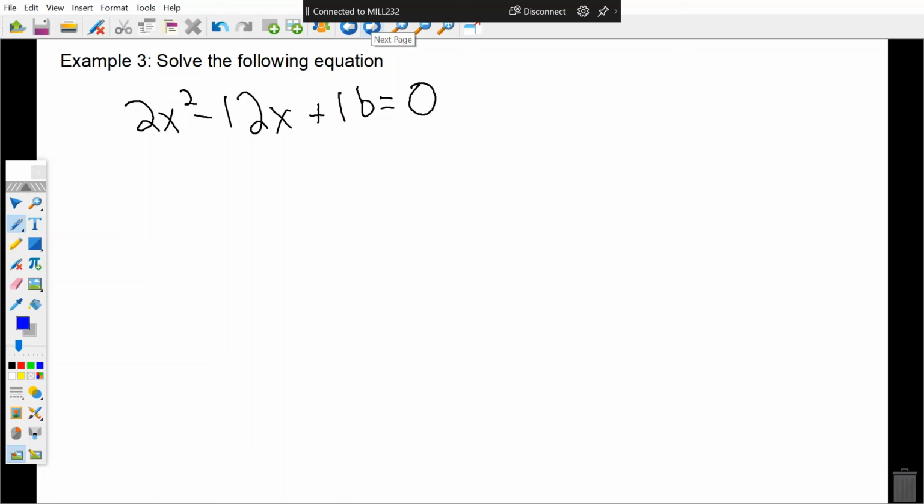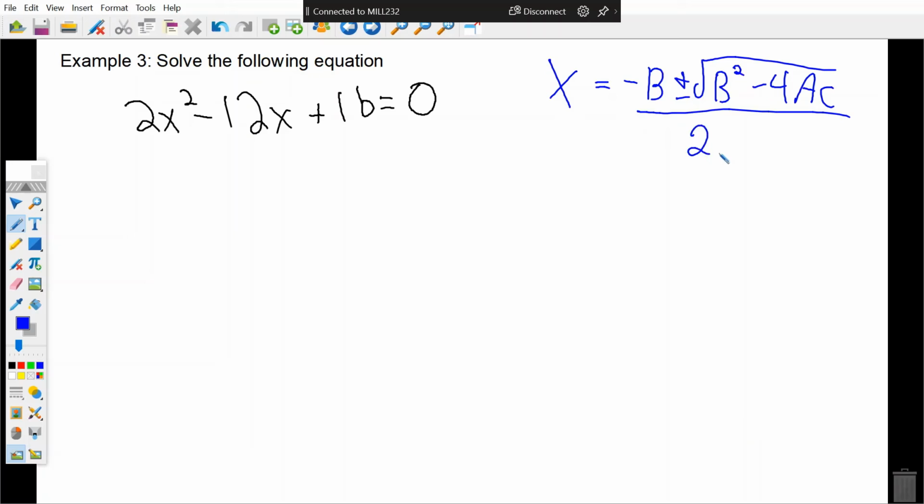Solve the following equation: 2x squared minus 12x plus 16. Remember, of course, the formulas will be provided to you during the exam. Okay. Our A value is 2, our B value is -12, and our C value is 16.